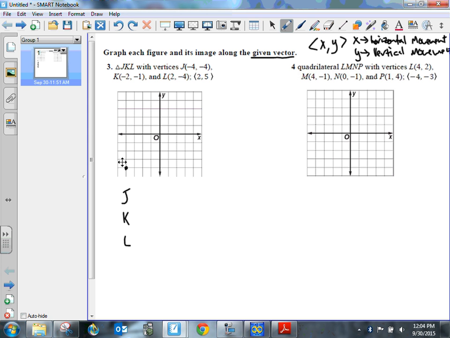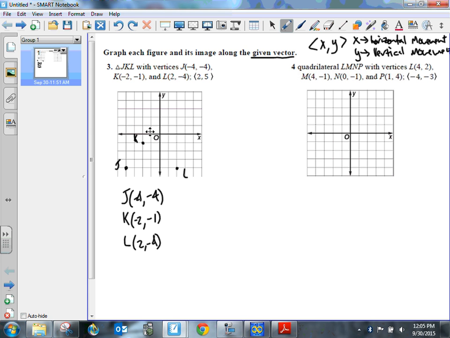That's point J. Then point K is the point -2, -1. And then the point L is the point 2, -4. It's down over here.